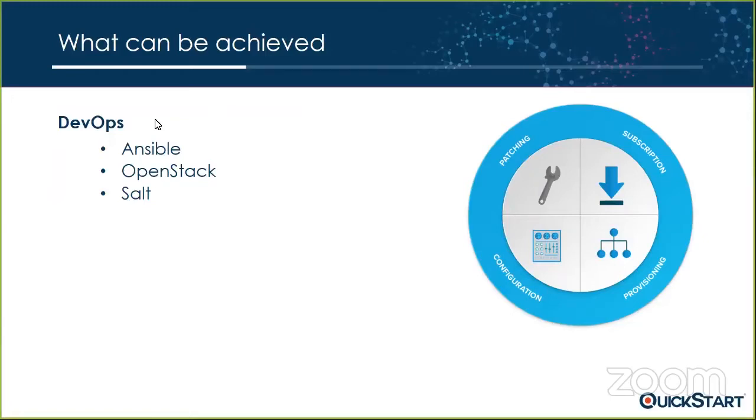So over here, I have just mentioned some of the configuration management software. For example, Ansible, OpenStack, Salt. These are softwares which are normally used in the DevOps community very commonly, very regularly.